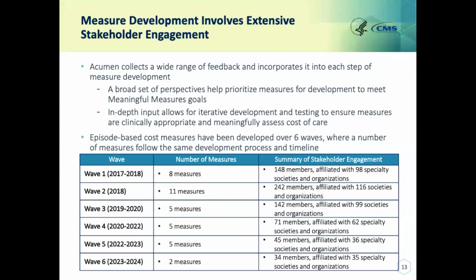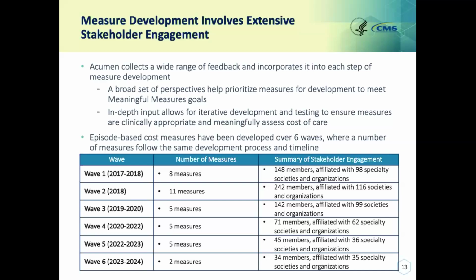So our measure development process involves gathering pretty extensive input from a wide range of interested parties to ensure that the measures are clinically valid and can meaningfully assess a clinician's cost of care. As Ray mentioned, we have been developing episode-based cost measures in cycles or waves where development activities take place on the same timeline. And so we convene expert panels called clinician expert work groups, or work groups for short, based around particular clinical topics.